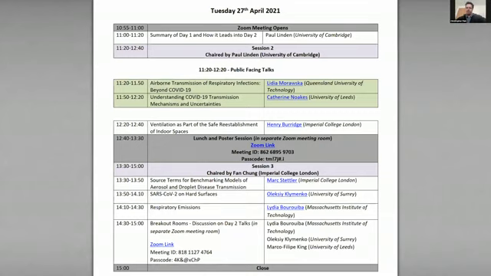Here you can see a list of the presentations from yesterday, starting with Paul Linden, who made the point that the basic three routes of transmission are the fomite route, the droplet route, and the aerosol route. The considerable uncertainties associated with airborne transmission of the virus were also highlighted.